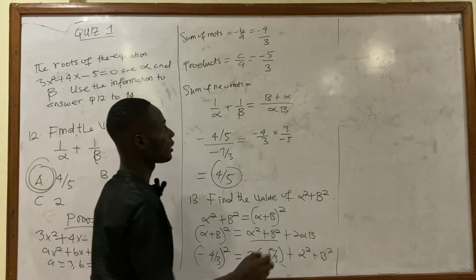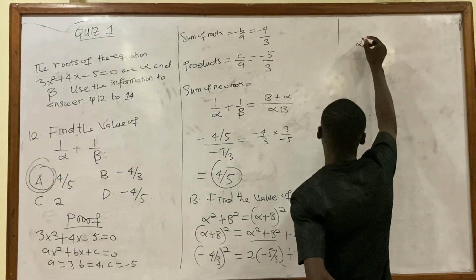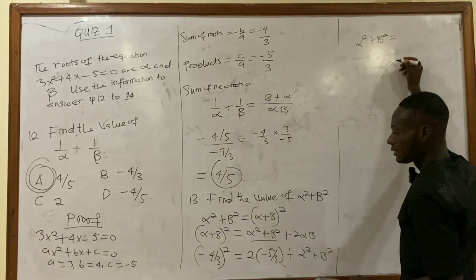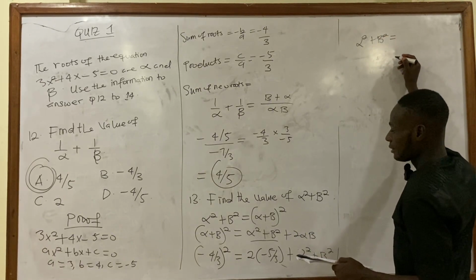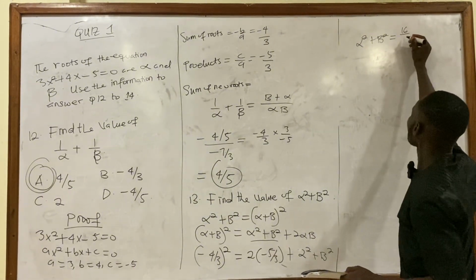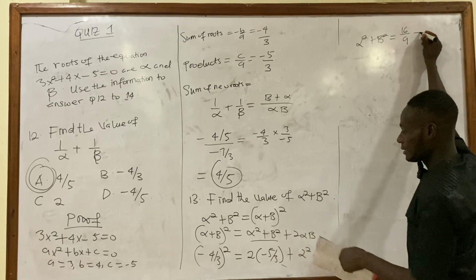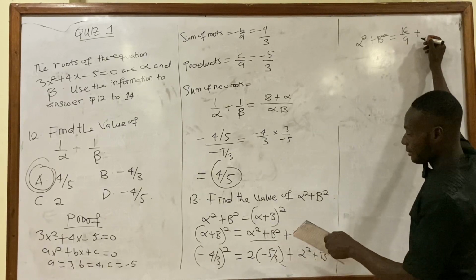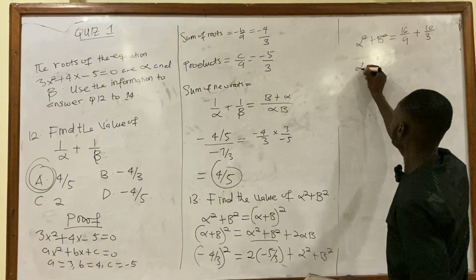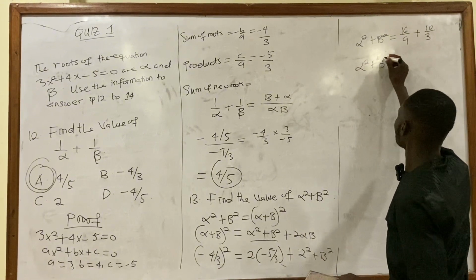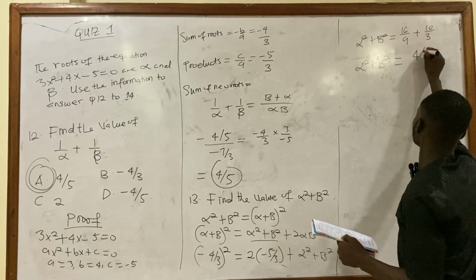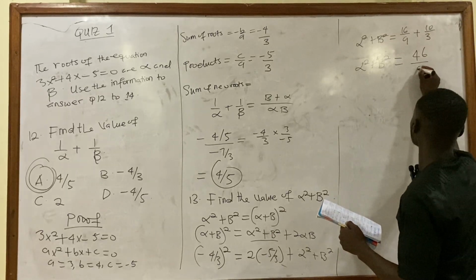Alright, so now our alpha squared plus beta squared is giving us 4 squared, 16 over 9, minus, that would be plus 10 over 3, and this will yield 46 over 9.